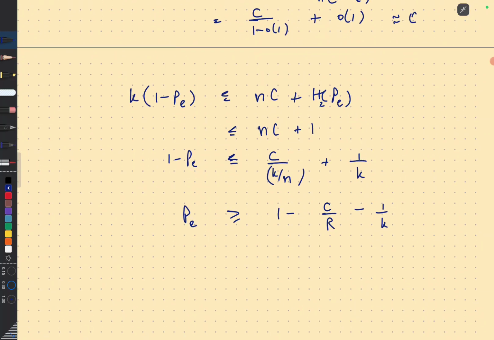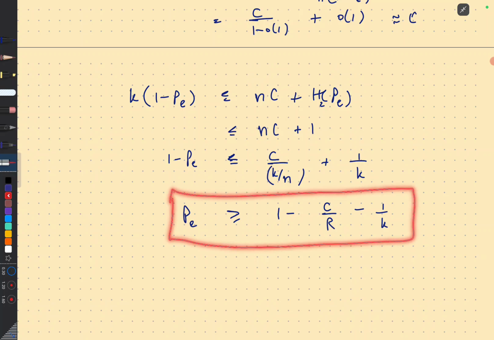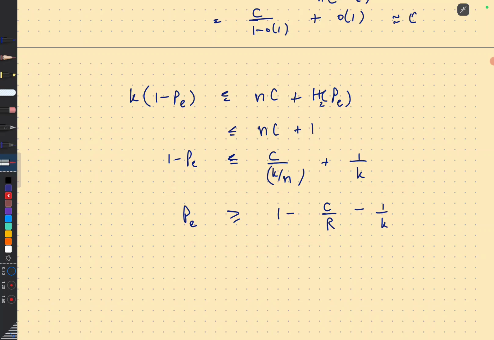All of this is just based on standard information theoretic inequalities, and it holds true for every n. So for every n, the probability of error is always guaranteed to be greater than or equal to 1 minus C by R minus 1 over K.